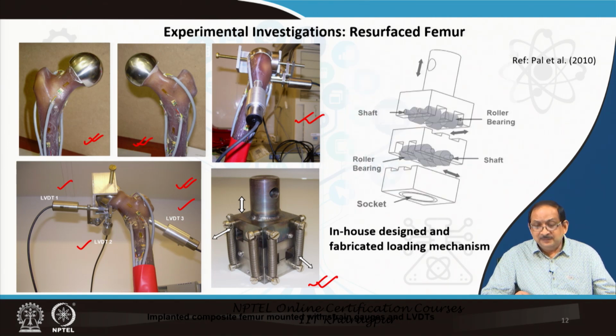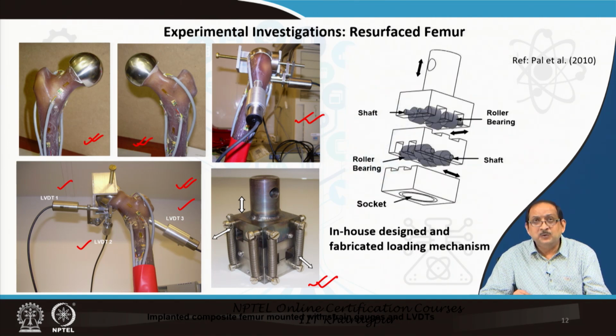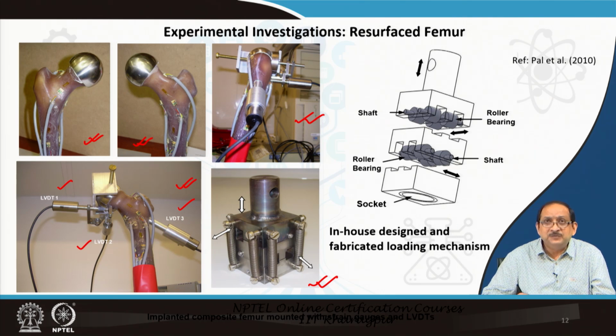Now, if I look into the details of this loading mechanism, which is used to apply the vertical load from the top on the femur head or on the implant in the mechanical testing machine.